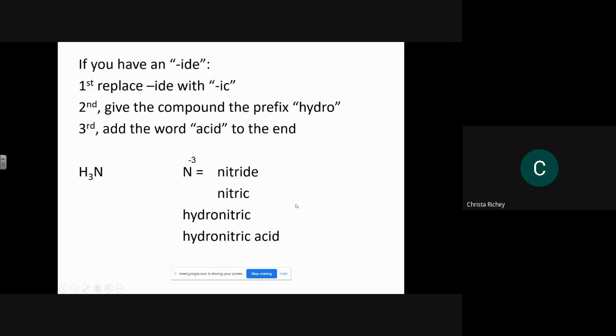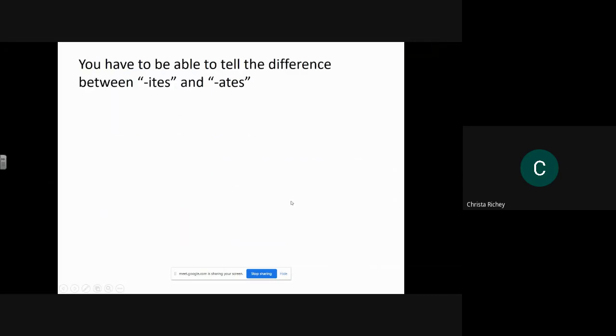And then the other one that's just a little weird, phosphide, is from phosphorus. So that would be hydrophosphoric acid, not hydrophosphic. So it's not sulfic, it's sulfuric. It's not phosphic, it's phosphoric. They're the only 2 that you need to go back to more of the original element's name.